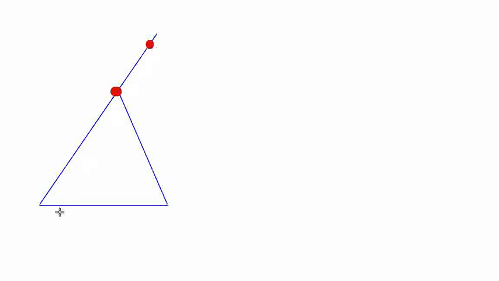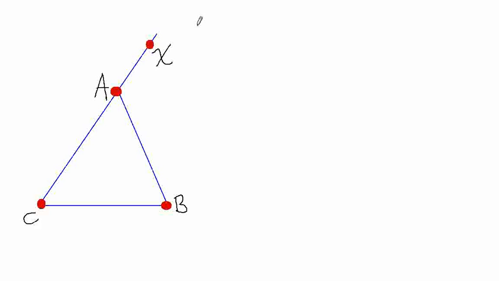So my drawing has a triangle with one side extended in a certain direction. And let me label the vertices of the triangle. And let me label the remaining point denoted by a red dot.